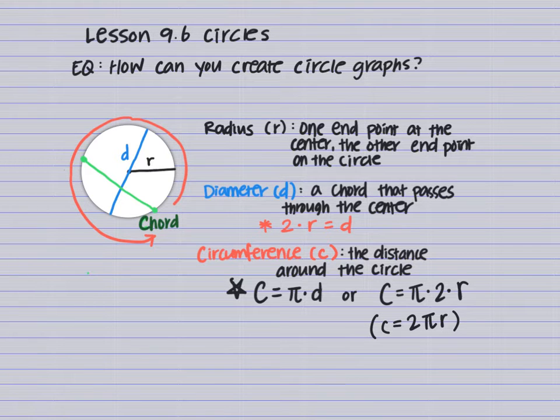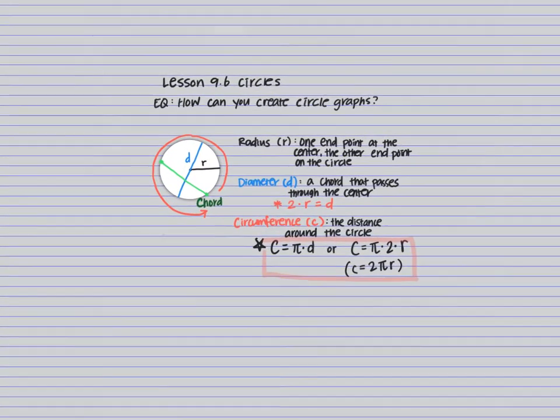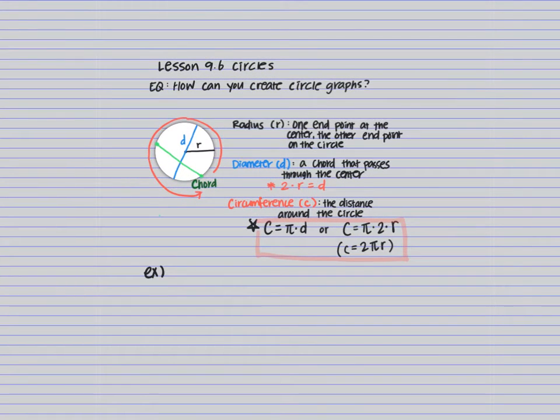So we're going to use this information to find out the circumference of a circle. Very important. Okay, so for example, let's try. Let's say we have a circle with a diameter of 10 feet.